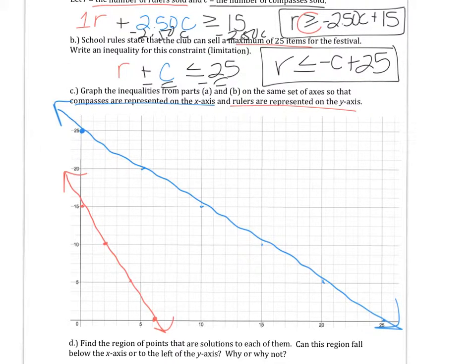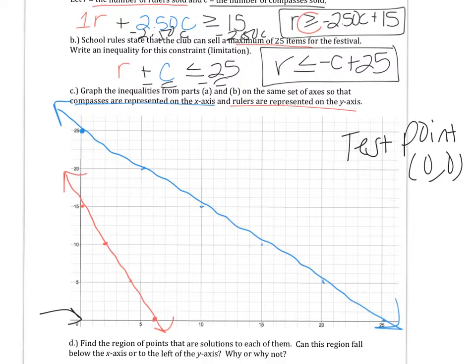Now we want to shade. I'm going to use my trusty test point of (0, 0) because neither inequality is crossing there. So I'm going to plug 0 back into the first inequality, that was my red. 0 is greater than or equal to negative 2.50 times 0, which is 0, plus 15.